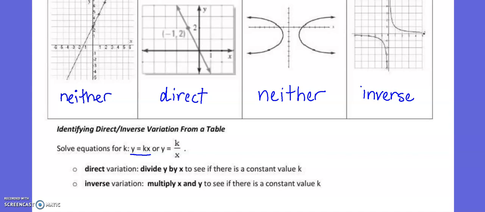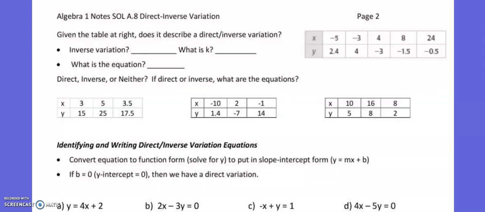If that doesn't work, then you go ahead and solve this equation for k. You end up multiplying your x and y values. You would repeat that process for every element in your table, multiply x and y, and see if you have that constant k value. If you do, then your equation is an inverse equation. Well, let's take a look.